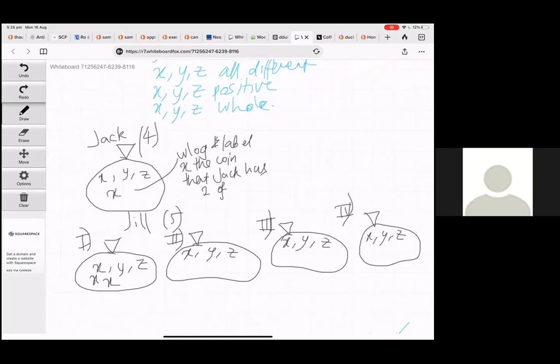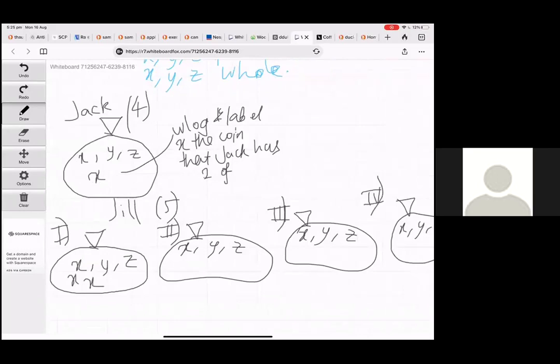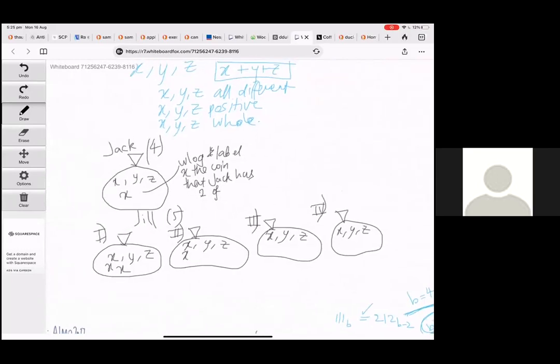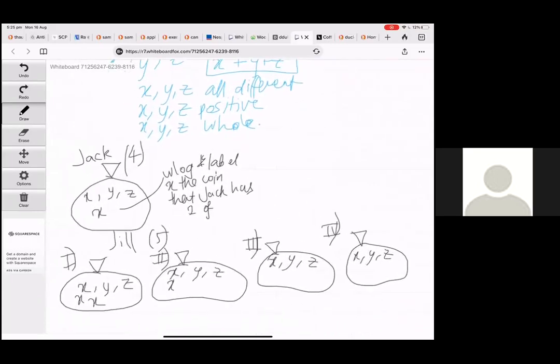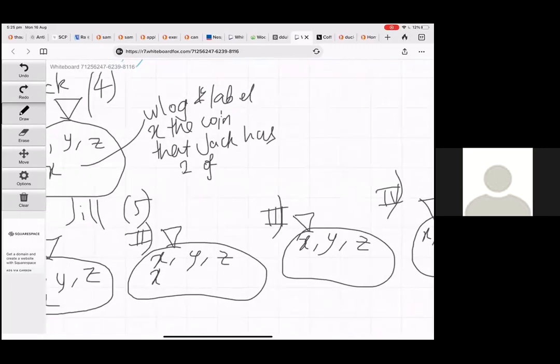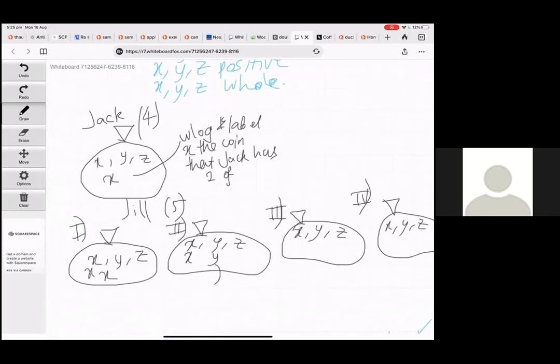Now the second case is where Jill has 2 of the same kind of coin that Jack has 2 of, and 1 of another kind. So let's say Y. That's again without loss of generality, because if it was Z instead of Y, that would just be the same case up to relabeling.